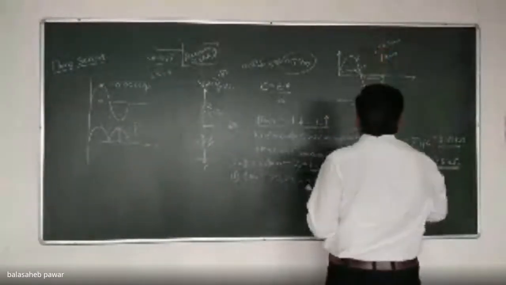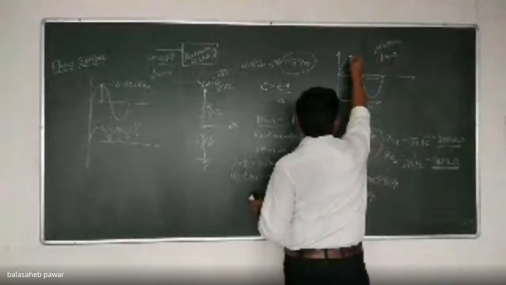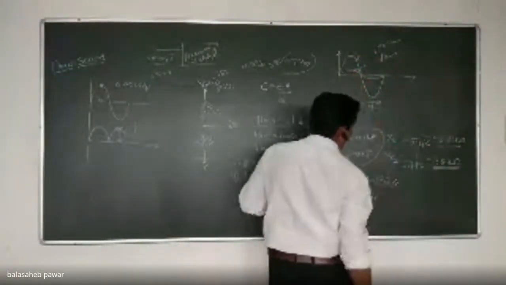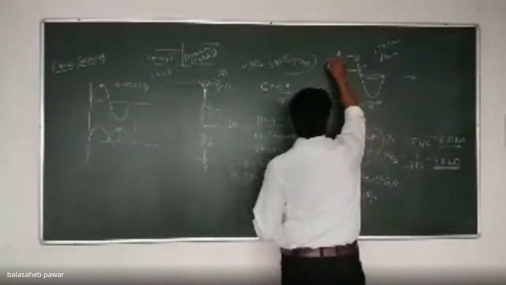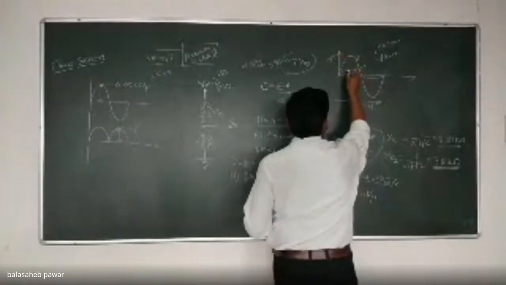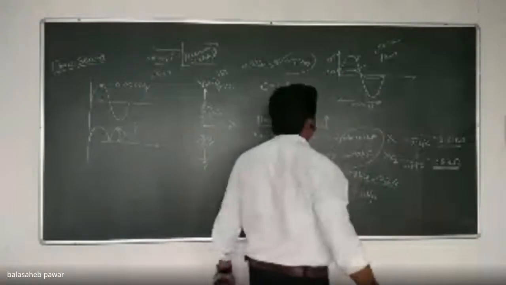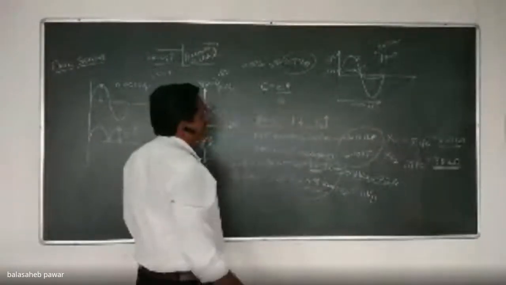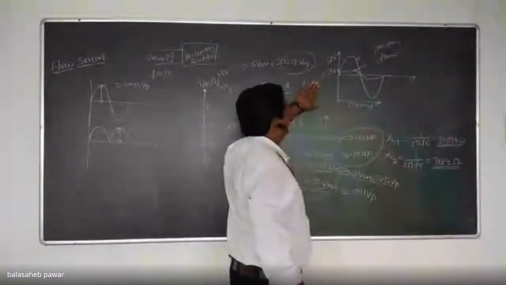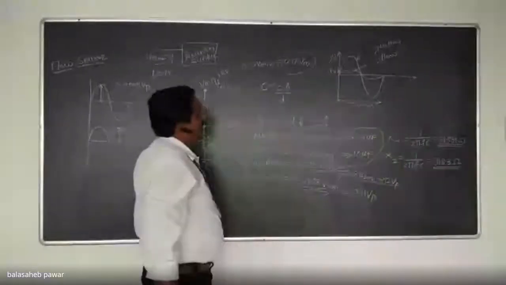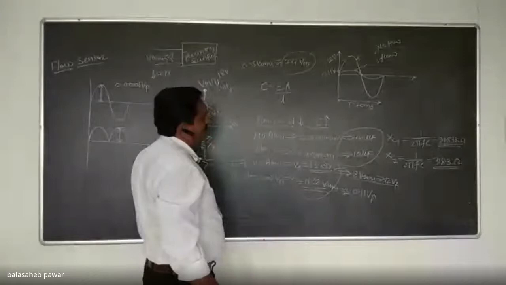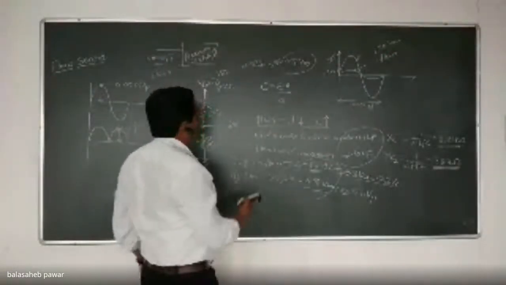So here we will note down these peak values. This one is 12 volts and this one is 0.11 volts, right? So after the flow sensor we will have two signals, either 12 volt peak or 0.11 volt peak.